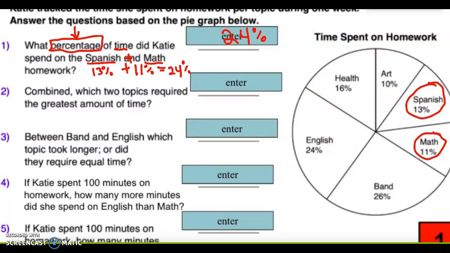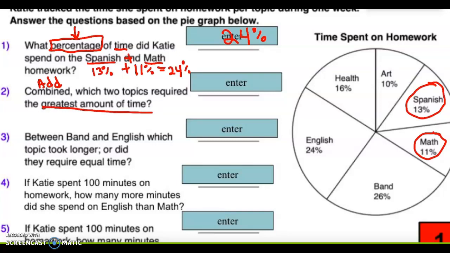So that's the first one. Now the second problem is: combine which two topics require the greatest amount of time. It's asking me which two topics, if I were to combine them, which means if I were to add them together, will be the greatest amount of time. So I'm looking for the two topics that she spent the most time on.